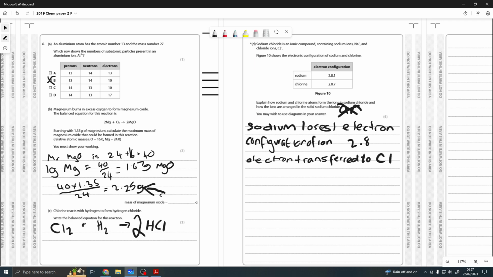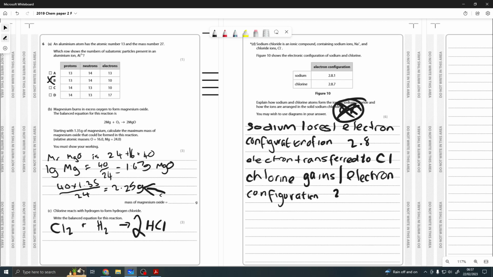Chlorine gains 1 electron. Again, don't write an. Chlorine gains 1 electron. And the configuration of that is 2.8.8.